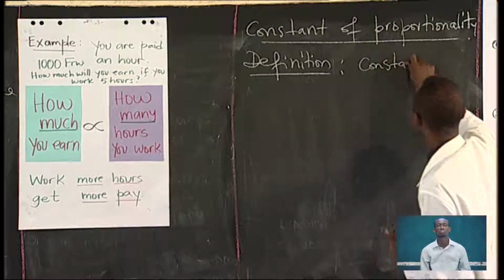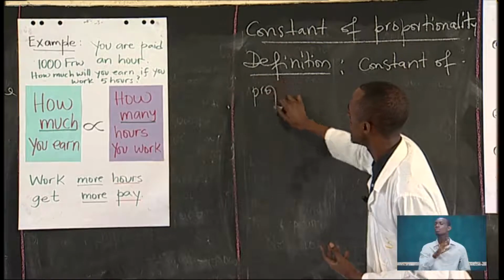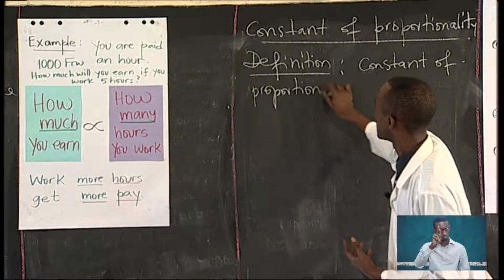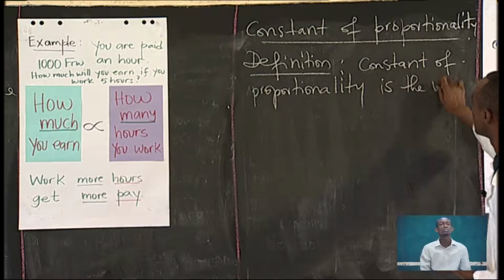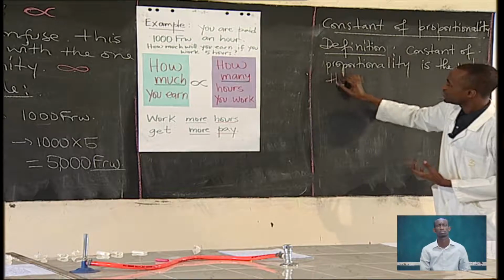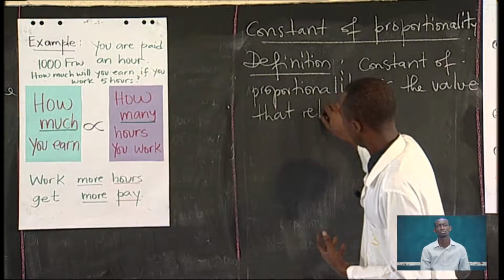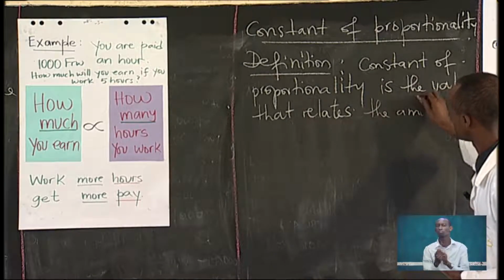Constant of proportionality is the value. It is the value that relates the two amounts.